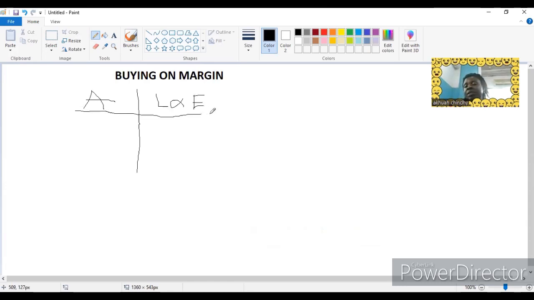So as I was saying, what becomes your asset in buying on margin? You brought money, 8,000, but you don't say that the 8,000 is mine, so it will be my asset. No, it's capital you brought, so that will become your equity and not your assets. You get it?